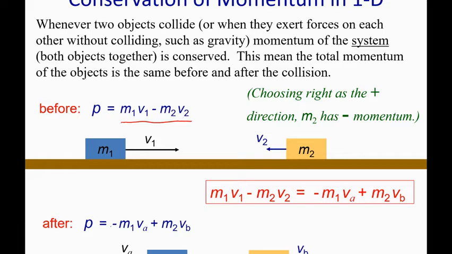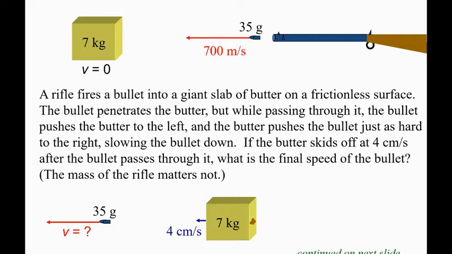So the momentum after is negative m1v1 final, plus m2v2 final. When we combine those, we know that the momentum before is equal to the momentum afterwards.